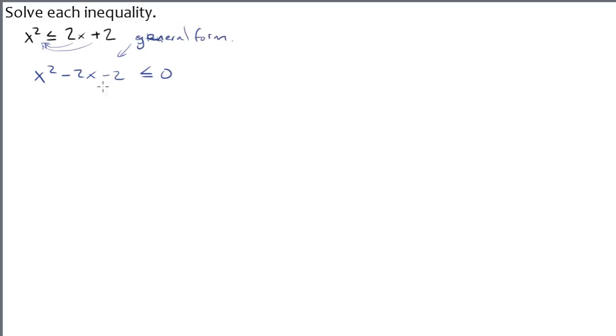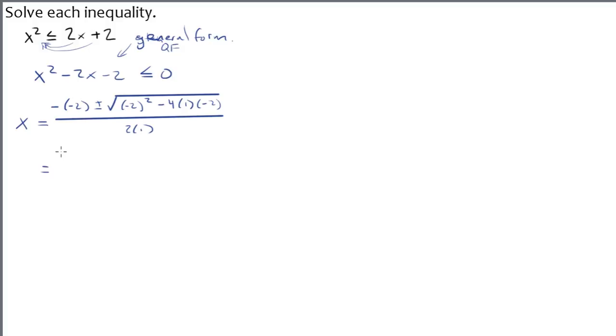And I can't factor it, so I'm going to use the quadratic formula to find our roots. It means that x is going to be equal to negative negative 2 plus or minus the square root of negative 2 squared minus 4 times 1 times negative 2, and then all of this is going to be divided by 2 times 1.